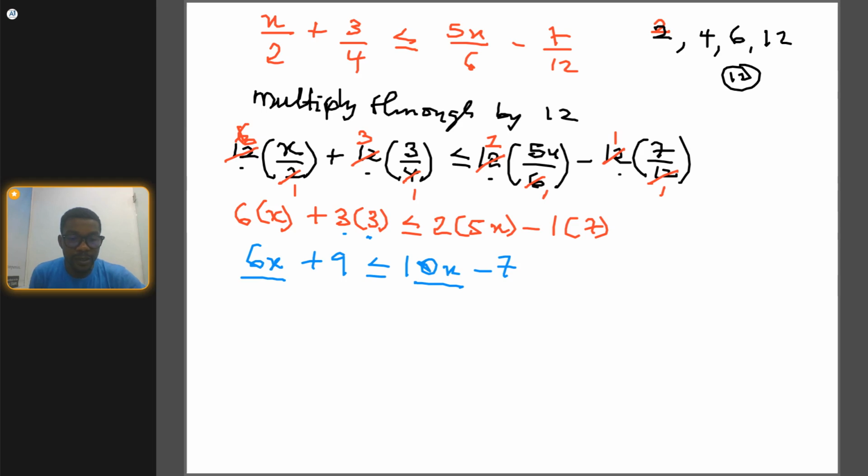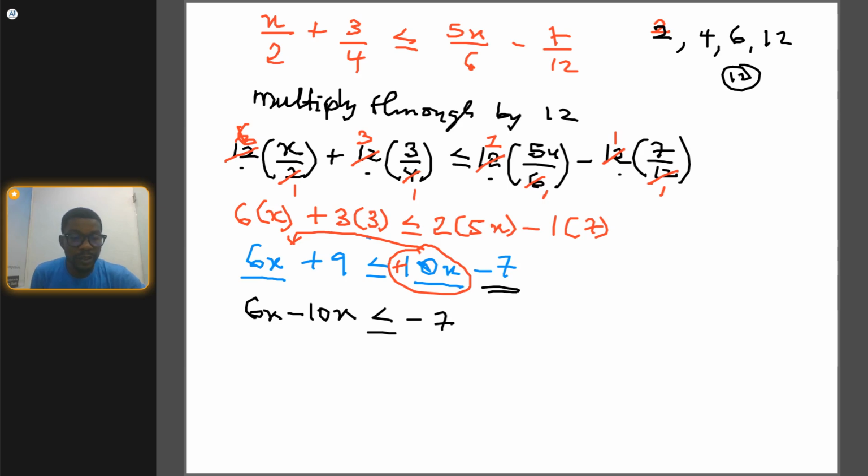If I pick this 10x, a family of x, to the other side, it is plus 10, it will change to minus 10. So I will be having 6x minus 10x less than or equal to, what we have left here is minus 7.